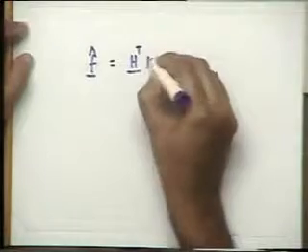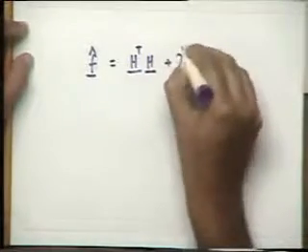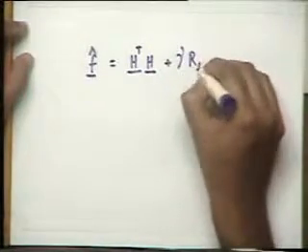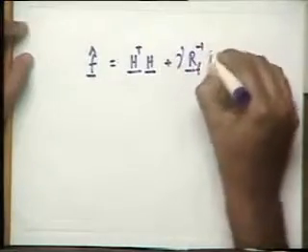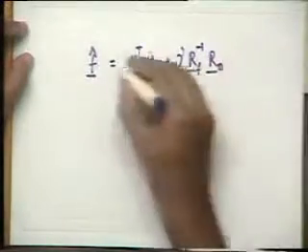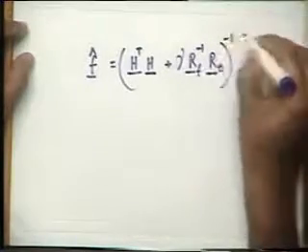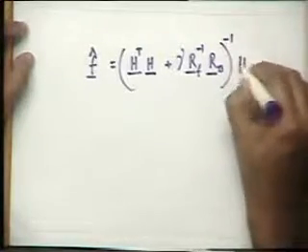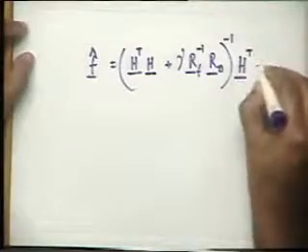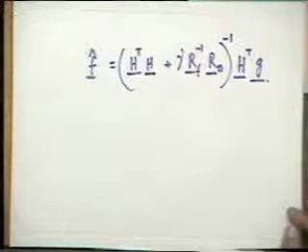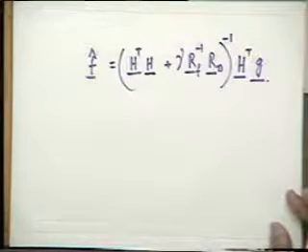So what I will now write is F hat equals H transpose H plus gamma RF inverse Rn, this whole thing inverse, H transpose G. Now what I would ask you to do is substitute all the diagonalization relations.